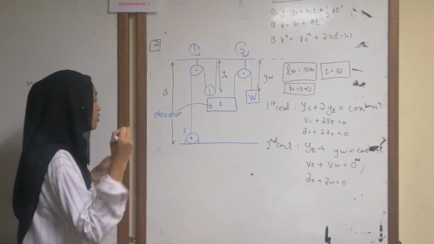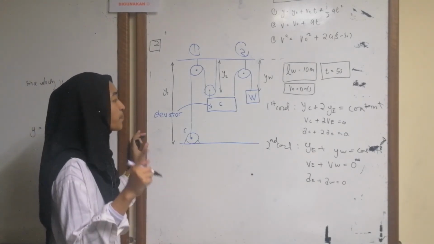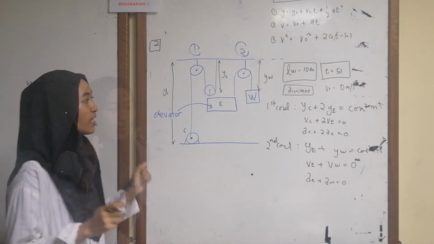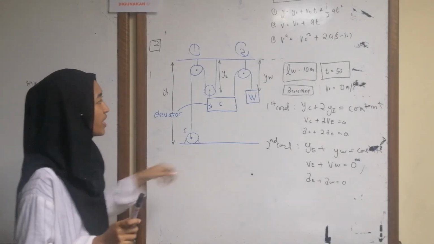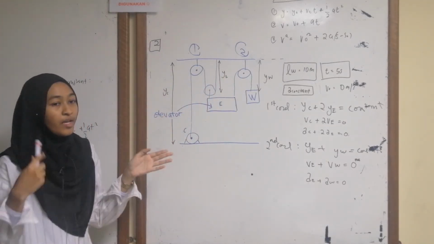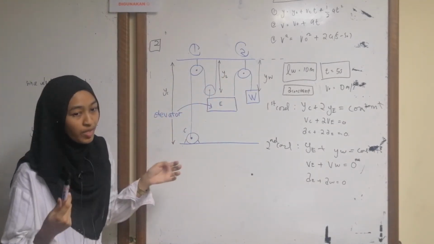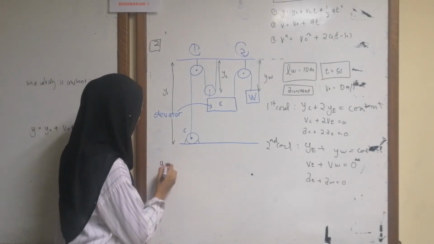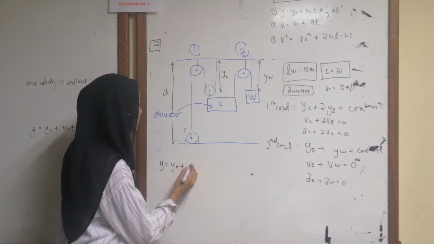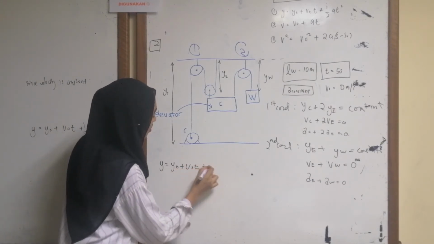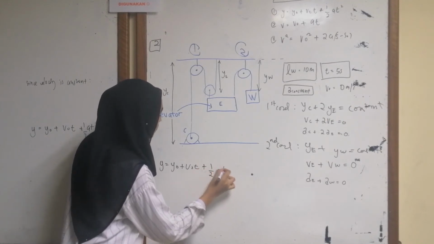First, I will show you how to find the acceleration of W. In the question, it was given that the distance of W is 10, the time is 5 seconds, and A is constant, which means we will use this equation, Y equal to Y naught plus V naught T plus half A T squared.